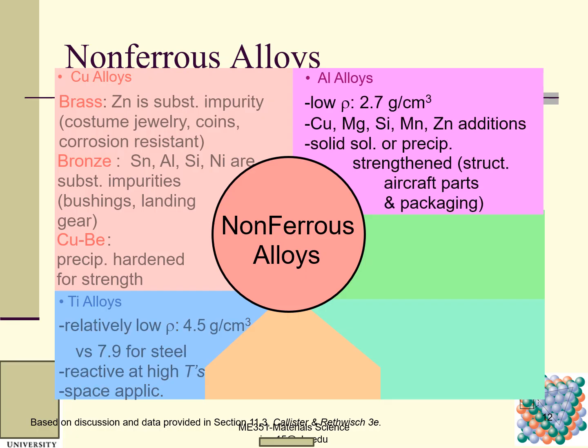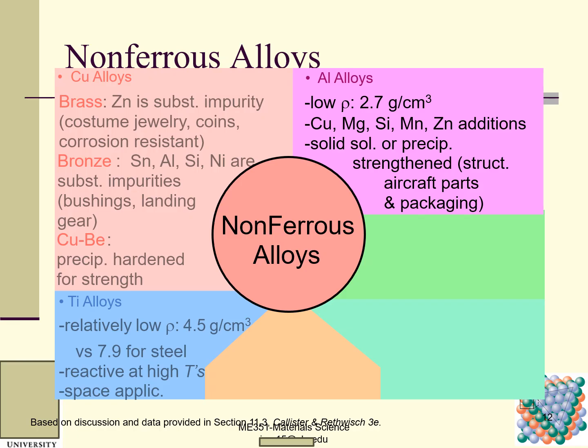Another one is aluminum alloys, which are also widely used. They have even lower density. We can add copper, manganese, magnesium, silicon, and zinc additions, and they are solid solution or precipitation strengthened, used for structural aircraft parts and packaging.